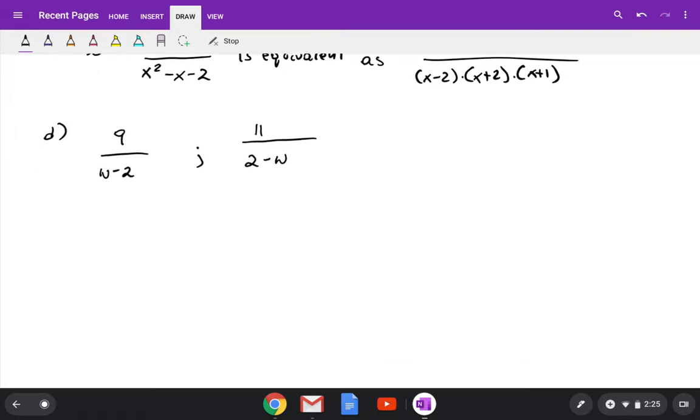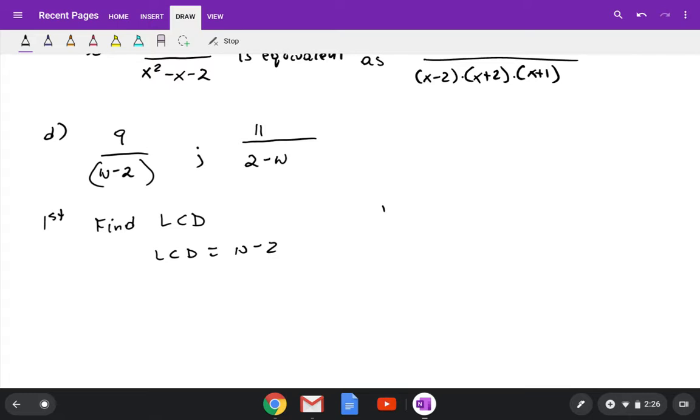So find the least common denominator. You have to be careful here. This is a little tricky. Here, the least common denominator is w minus 2. Why?